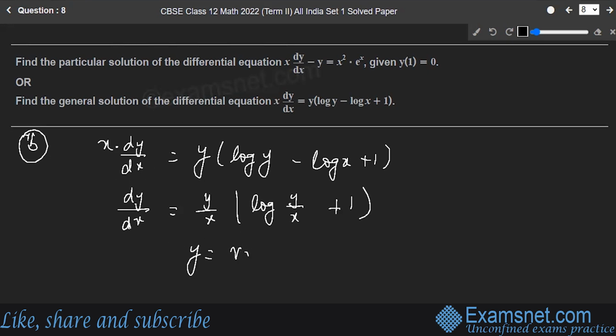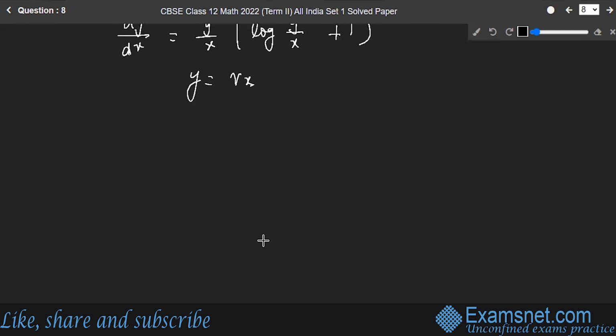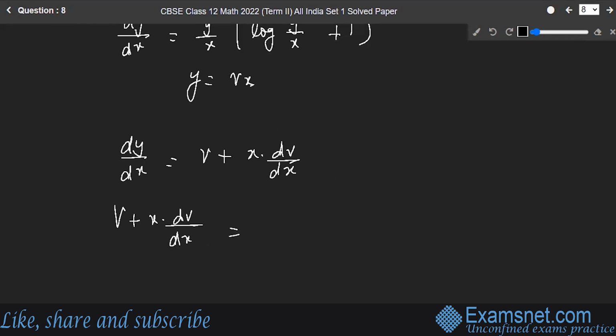If I put y is equal to v into x, you have dy by dx is equal to v plus x into dv by dx. If I find the derivative dy by dx, this is equal to first function into derivative of second plus second function into derivative of first.